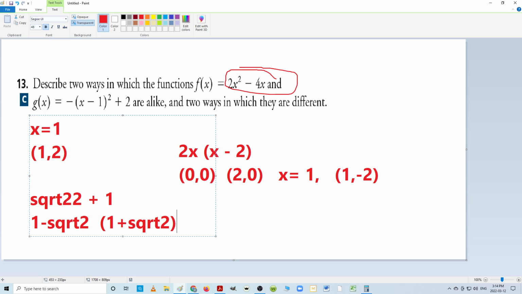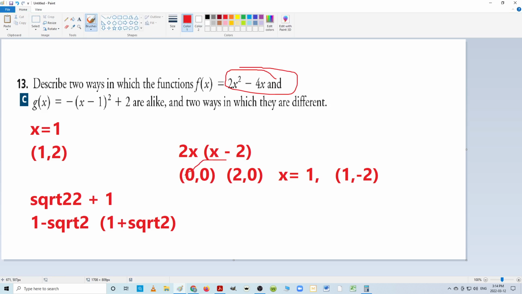The only thing you'd want to check is if their y-intercepts are the same, and you'd have to expand them to see. And y-intercepts are easy to check. It's when x is 0, but I can see right away that this is the y-intercept for this one, and for this one we're going to get minus 1 squared, which is 1, plus 2, it's going to be 1. So they don't share the same y-intercepts either.